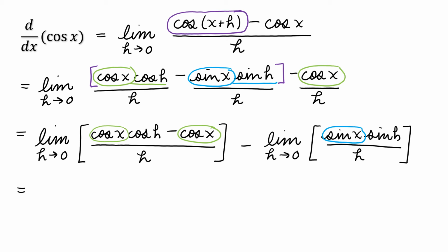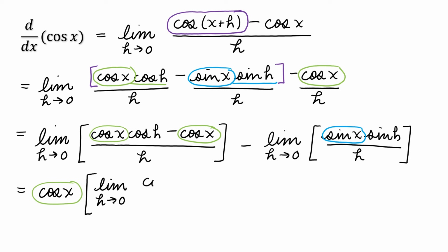And now, because the cosine of x's and sine of x's will not be impacted by that limit, we can factor them out. So we have the limit as h approaches 0 of, oh sorry, I actually wanted to pull it out, so cosine of x, just factoring it out, times the limit as h approaches 0. And I can just pull that out without having to worry about a limit, because h approaching 0, again, does not impact my x.